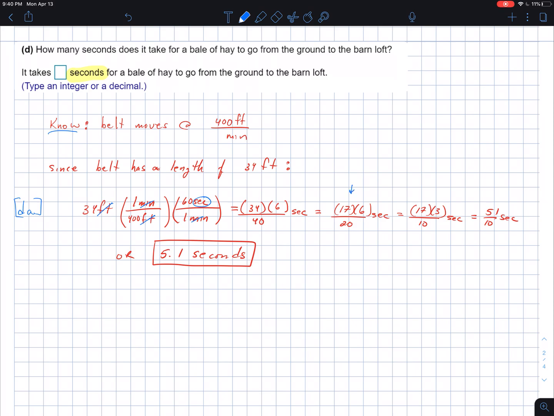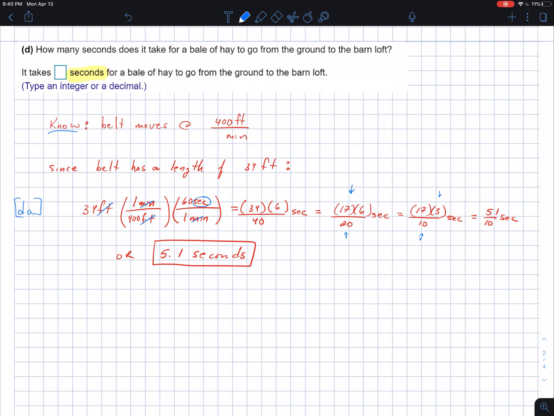Where did I get the 17 from? I divided the 34 by 2 and the 40 by 2. And that's how I got the 20 as well. And then I took the 6 and divided it by 2 and the 20 by 2. That gave me a nice thing to work with, which was 51 tenths. So 51 over 10 seconds.